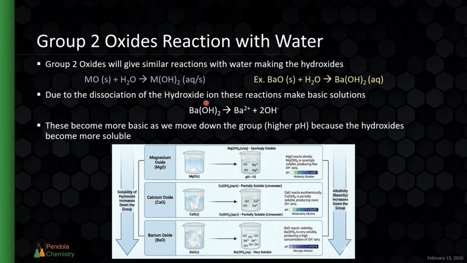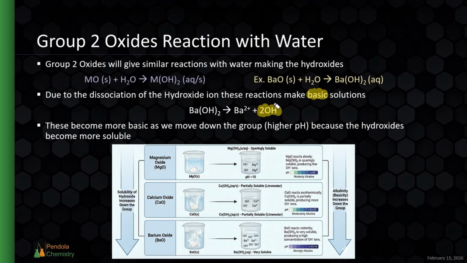Because of the dissociation of the hydroxide ions, and this also happens with the metals when they react with water, the solutions we make are basic. For example, barium hydroxide, as all group 2 hydroxides will do, will dissociate into barium and hydroxide ions. Those hydroxide ions are what make this solution basic. Because remember, hydroxide makes basic solutions, hydrogen ions make acidic solutions.